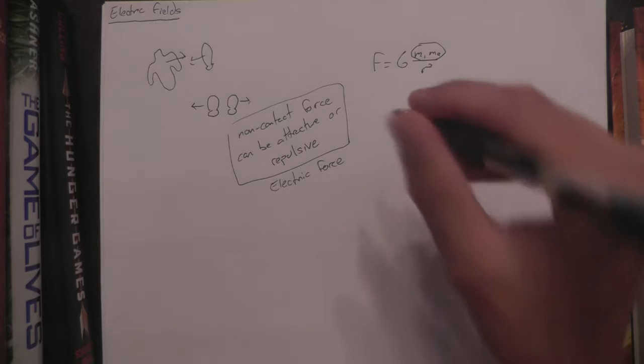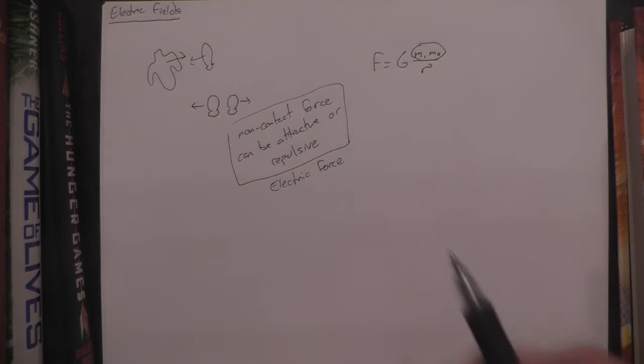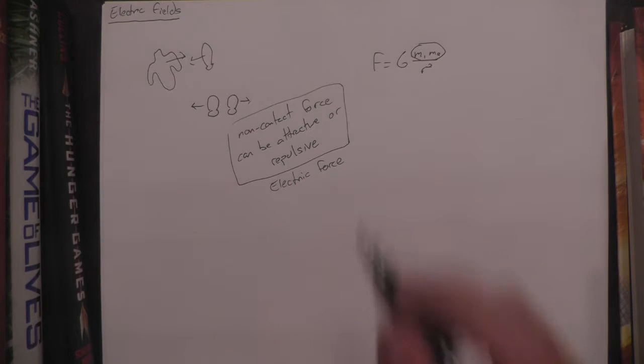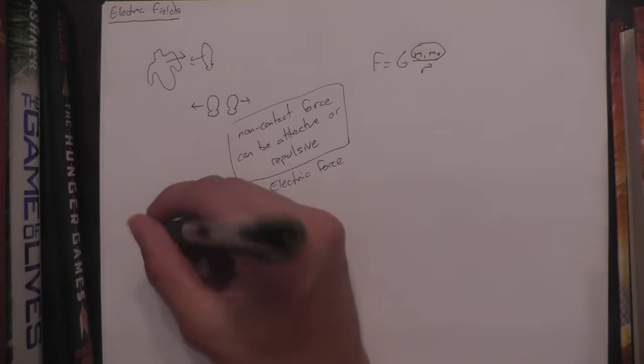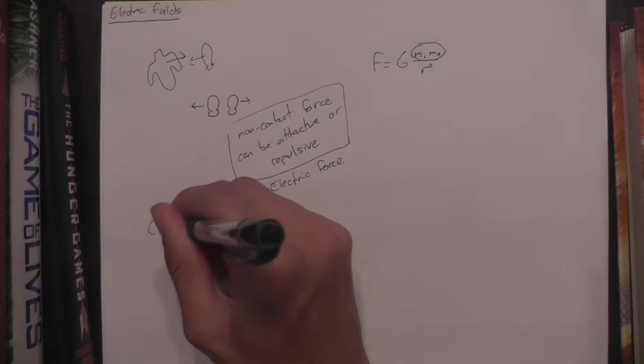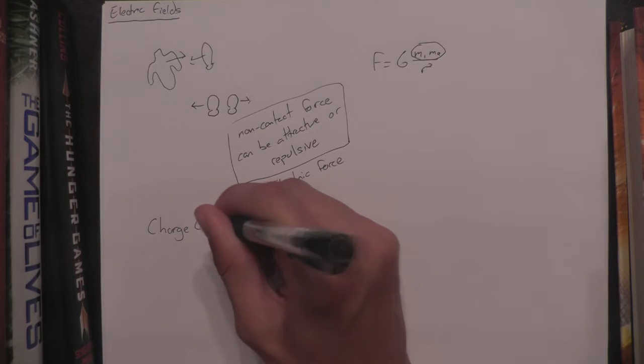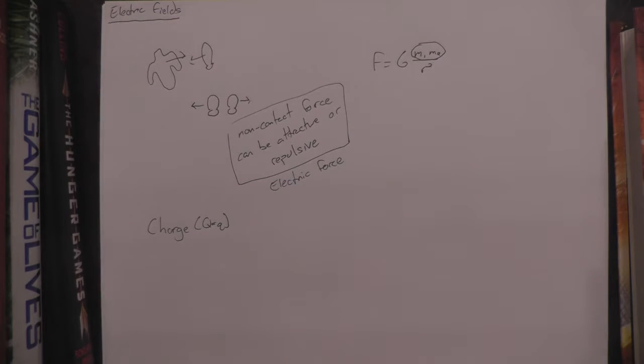So there must be a property of matter that causes this electric force, right? Yes, it is. And we have dubbed this property as physicists charge. It is represented by a capital or a lowercase q, depending on what you feel like using today.